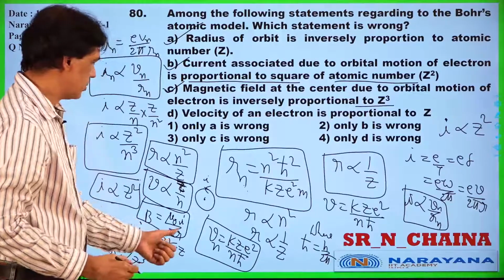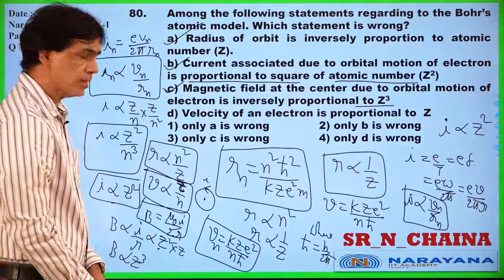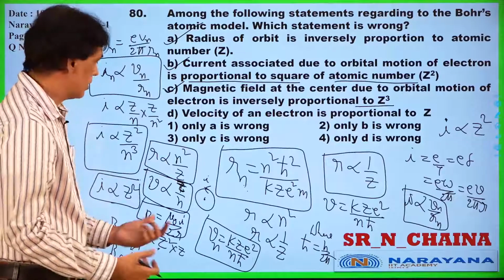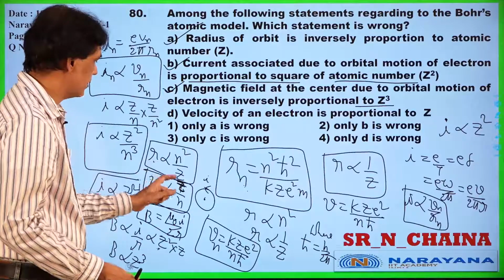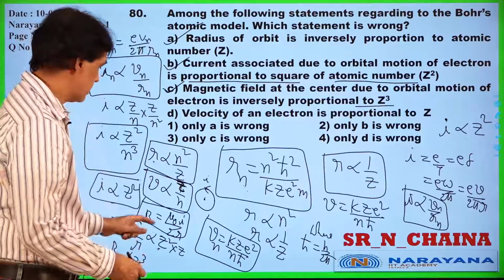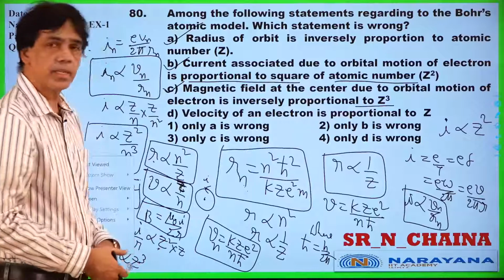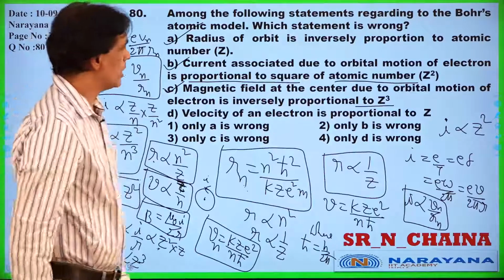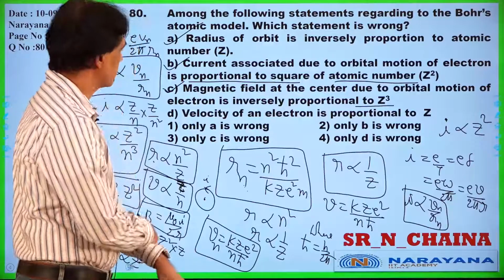So B is directly proportional to I and inversely proportional to R. And I is directly proportional to Z square and R is inversely proportional to Z. If you consider these two points, we understand that B is directly proportional to Z cube. So therefore, the third option is also correct.